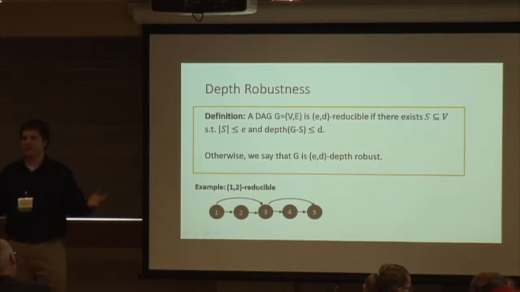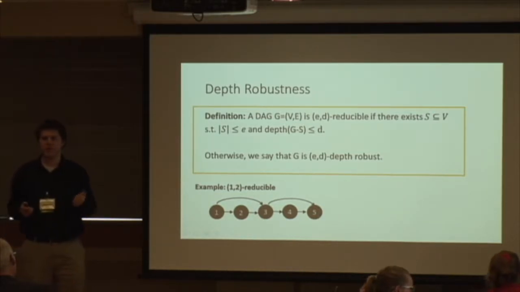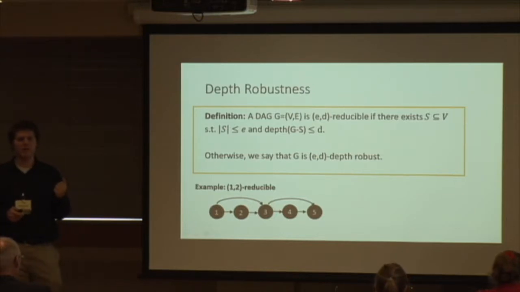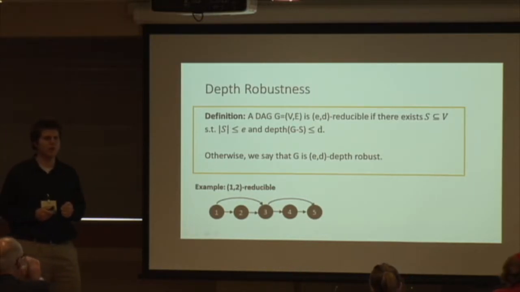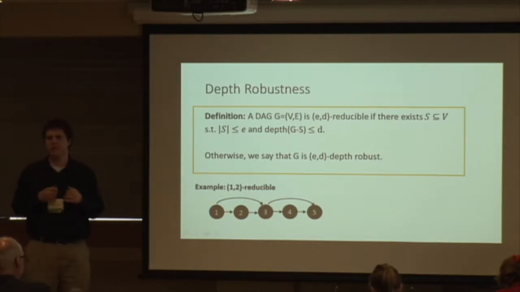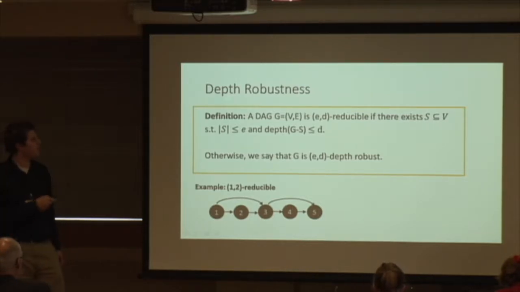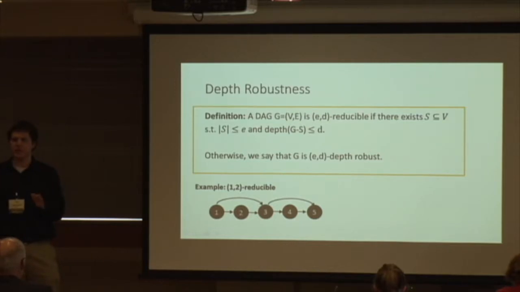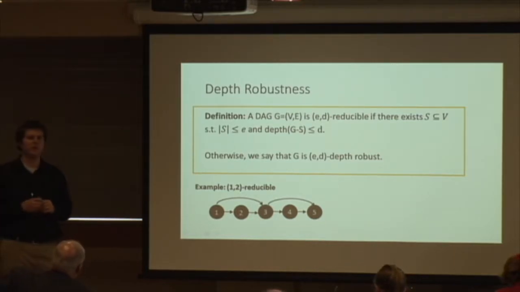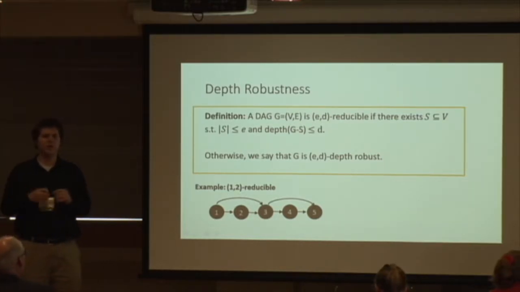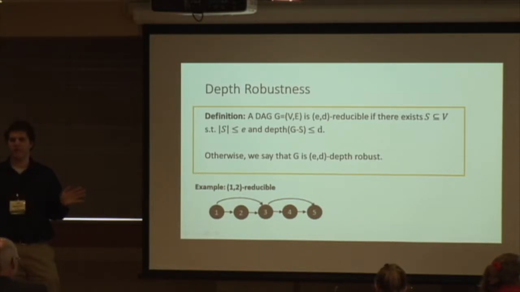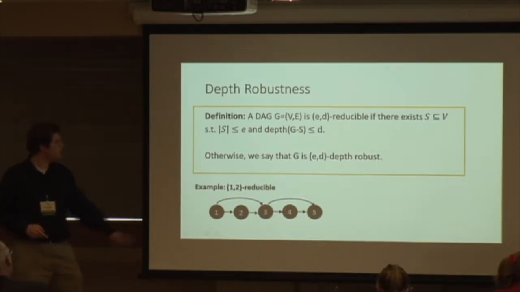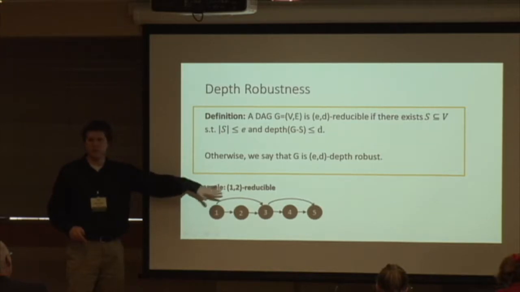So what is this key property, depth robustness? Well, to define depth robustness, let me introduce its opposite, depth reducibility. We say that a graph is (e,d)-reducible if there's a small subset of vertices such that by deleting these vertices, the longest path in the remaining graph is short. Here's an example of a 1-2 reducible graph.